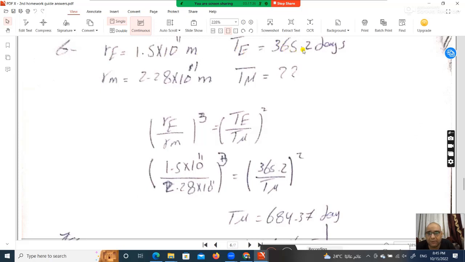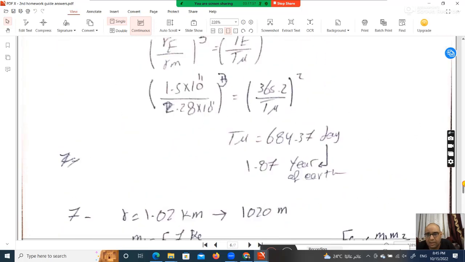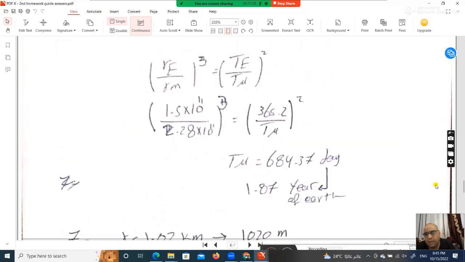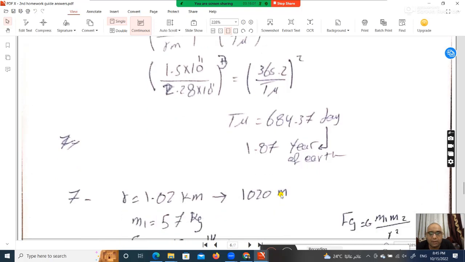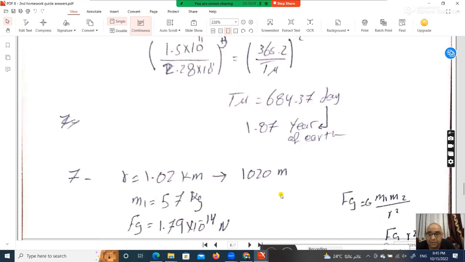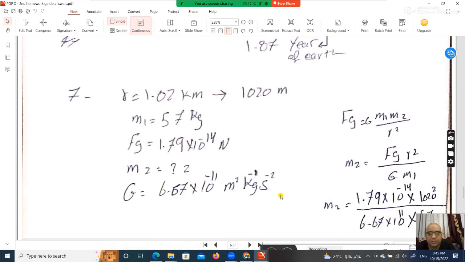Time of Earth is 365.2 days. Radius of Mars is 2.28 times 10 to the power 11. He needs the period, the time of Mars. I'm going to use Kepler's third law, substitute the values, then find the time of Mars in days. You need to convert it into years, so you divide by 365.2 days. It will be 1.87 Earth years.